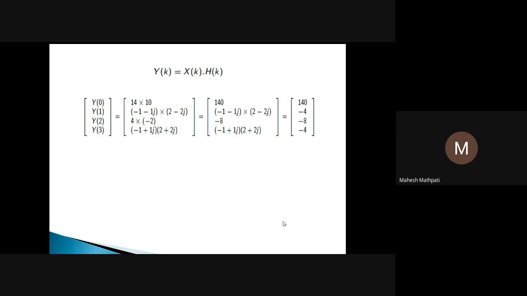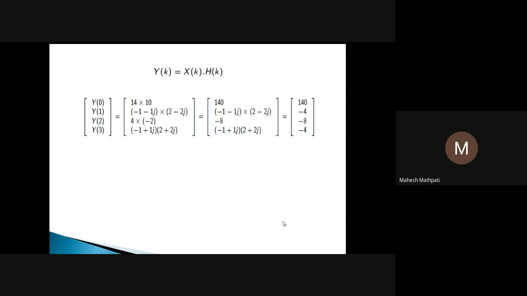Any confusion here? Have you got the answer? It is 140, minus 4, minus 8, and minus 4. Okay, so what is next?